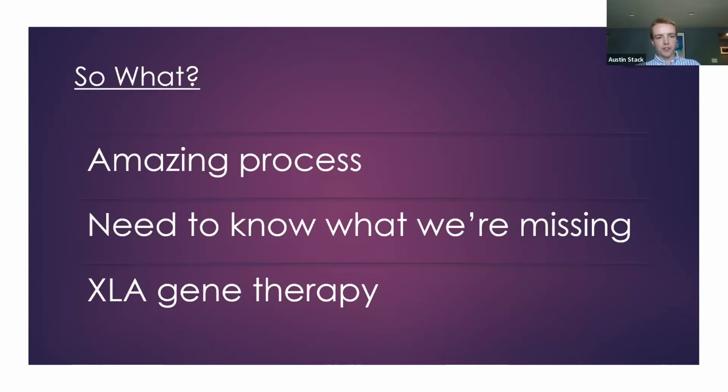Well, so why does this matter? Well, it's quite an amazing process. As far as I'm aware, B and T cells are the only human cells that actively alter their own DNA to generate diversity. And they're able to do so in a way that can create trillions of different combinations. Theoretically, any antigen, even something off of Earth, there might be a B cell that can react to it because of how much diversity we can generate.